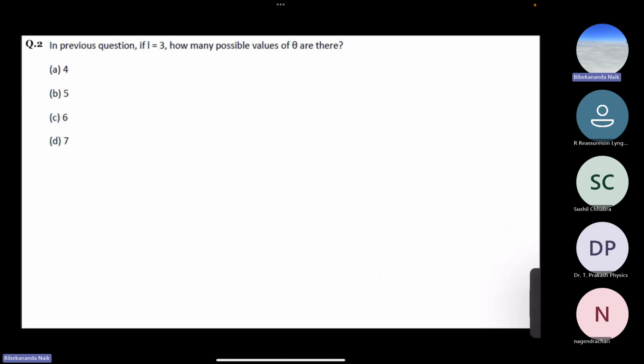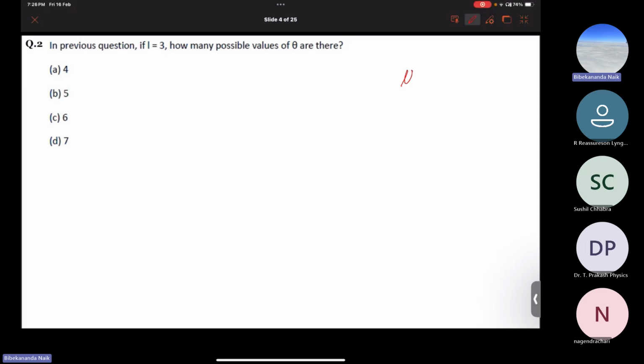So we know if the L vector value is root over l into (l plus 1) h cross, then corresponding to each l, there are 2l plus 1 values of ml, that is the magnetic component.